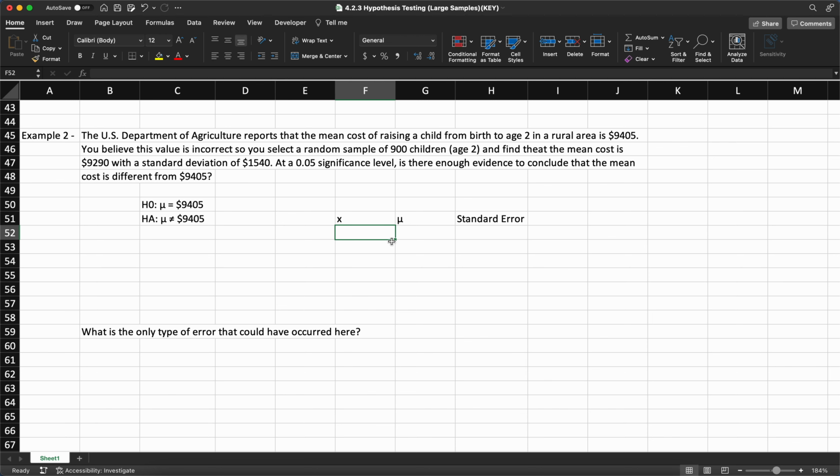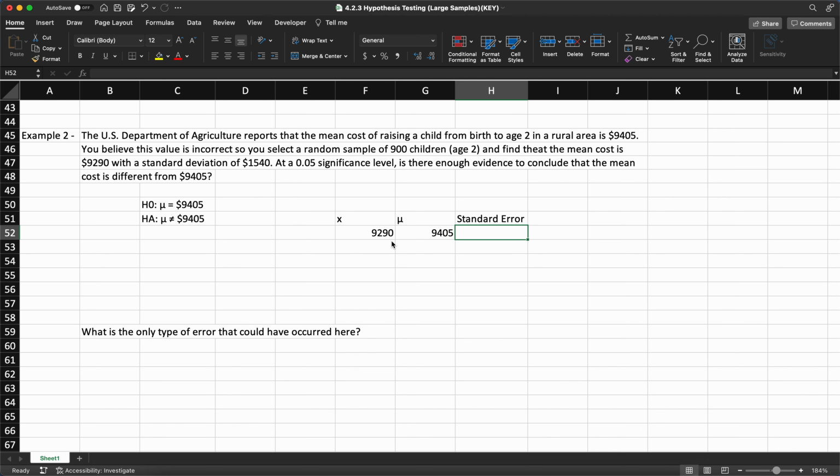So in this case, x is our 9,290. Our mean was the 9,405. And our standard error is the standard deviation of the population, which we don't have.